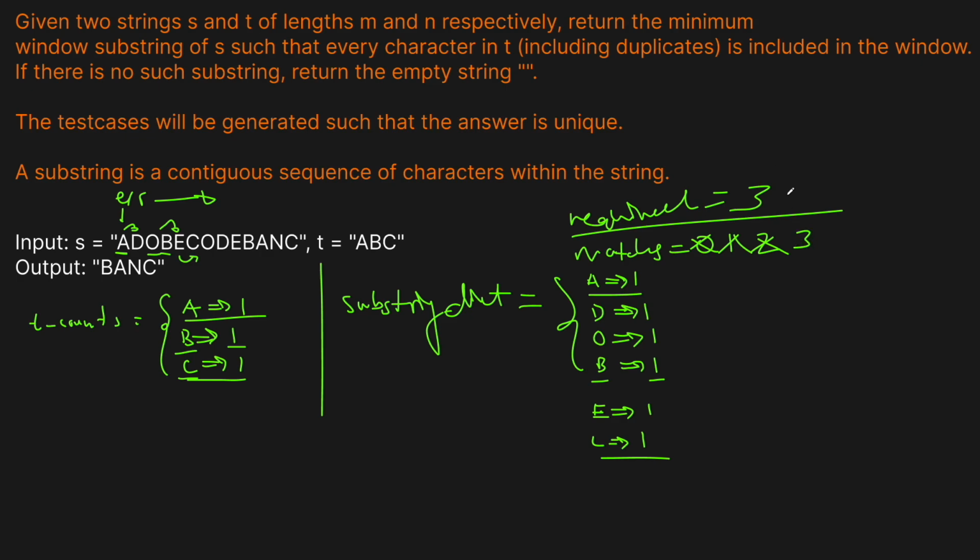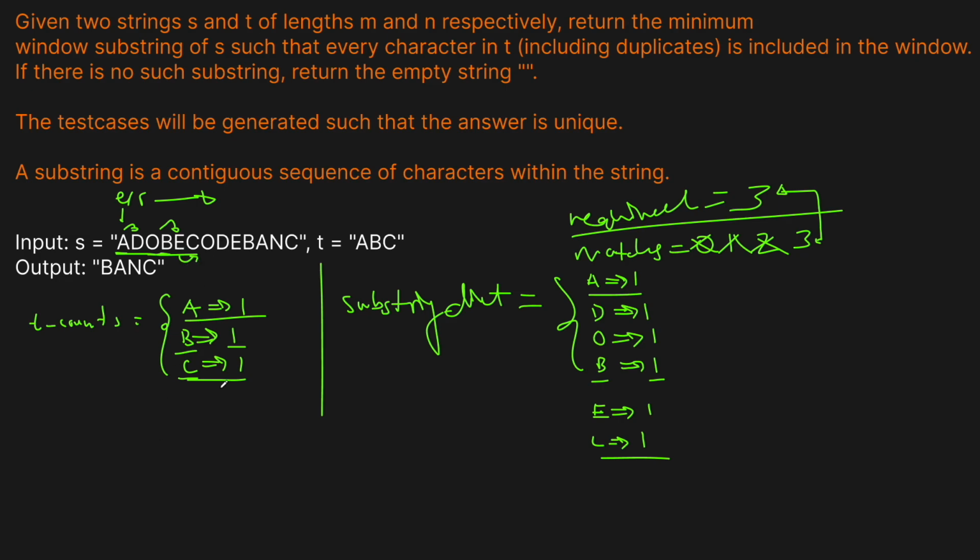So now, because the matches equals the number required, we can see that this substring is actually a valid one, right? This was one of the original solutions that we came up with, and it satisfies our window substring. Or sorry, it's a valid substring, but it's not the minimum because its length is 6.